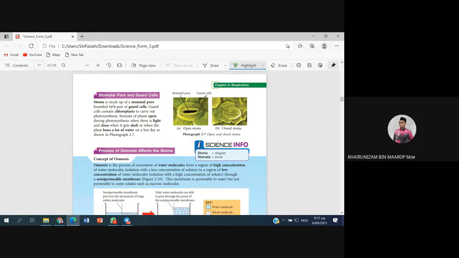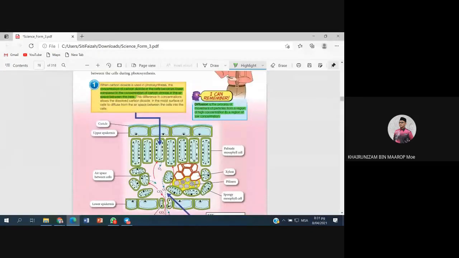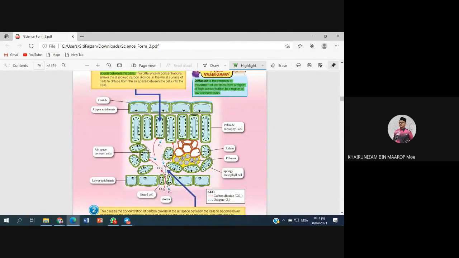If you look here, inside the cells there is water.